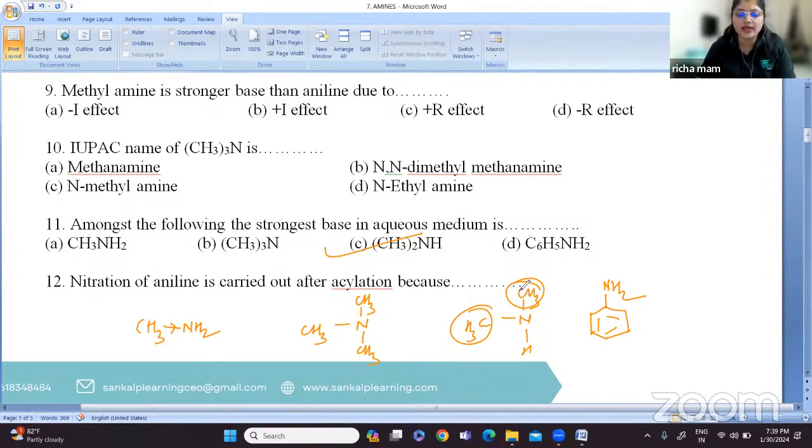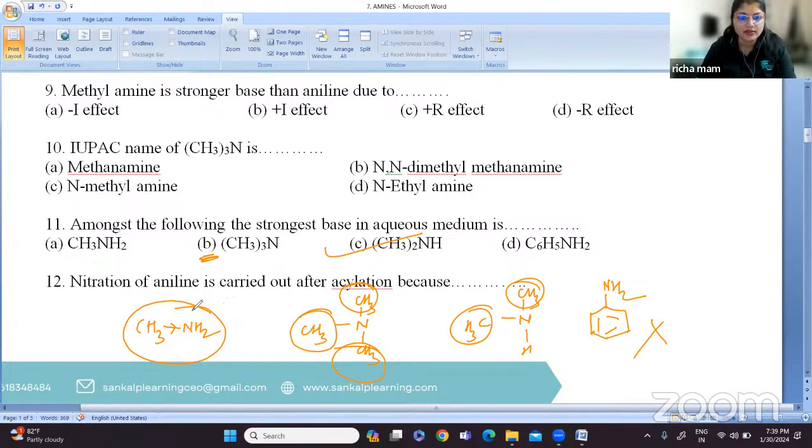Dimethylamine will be the strongest base here. In the tertiary case there will be steric effect, steric hindrance. And when you compare the primary, aniline is nowhere near the strongest base.